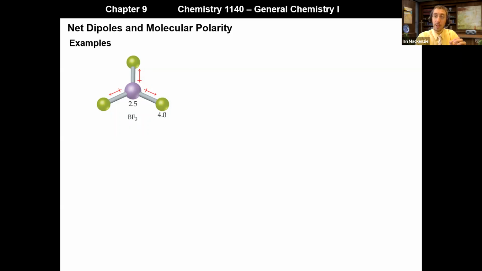There is symmetry, and if you added up the vectors of all of the bond dipoles, they will all cancel out and give you an overall dipole moment of 0, and thus the molecule is non-polar. HCl, on the other hand, only has one bond, and so the bond dipole is also the net dipole for the molecule. So this is a polar molecule because the electronegativity difference between hydrogen and chlorine is great enough to make it a polar bond.